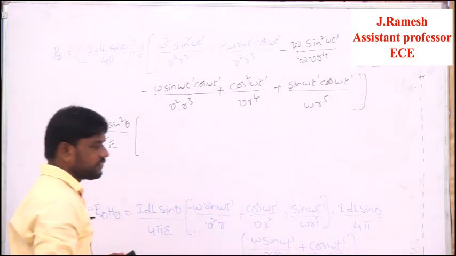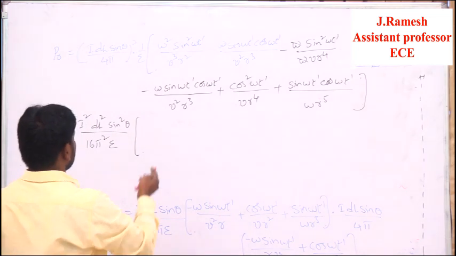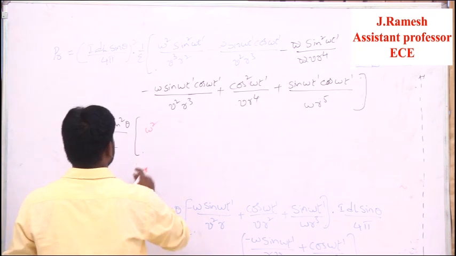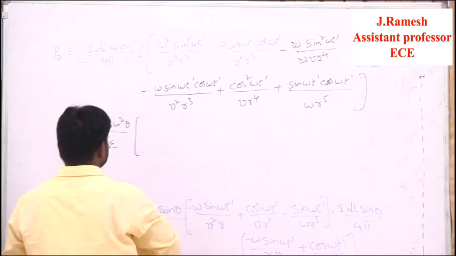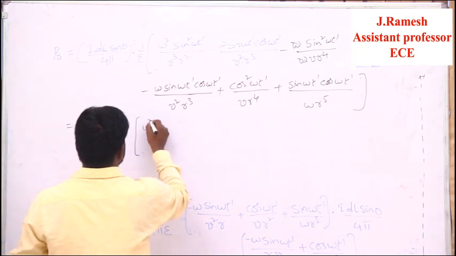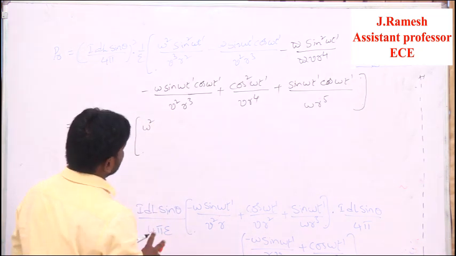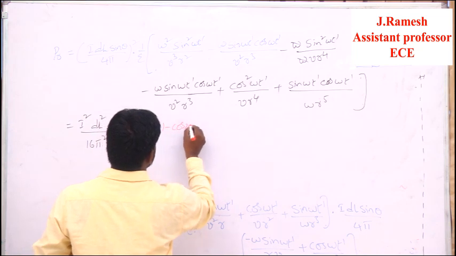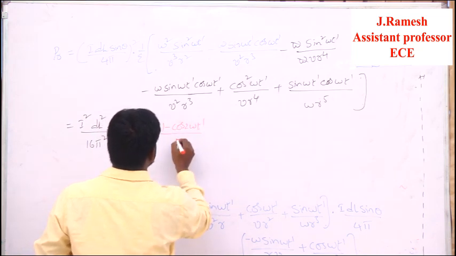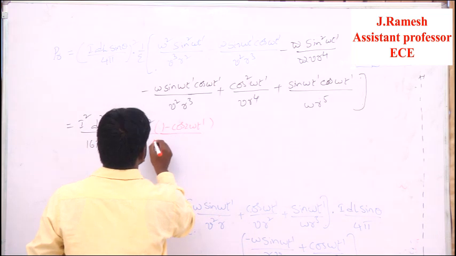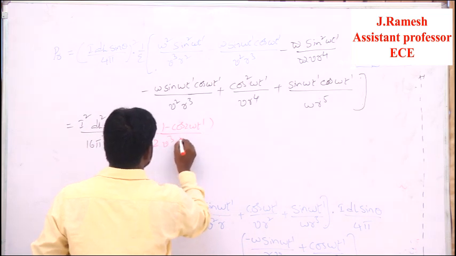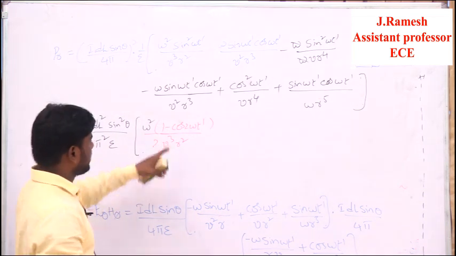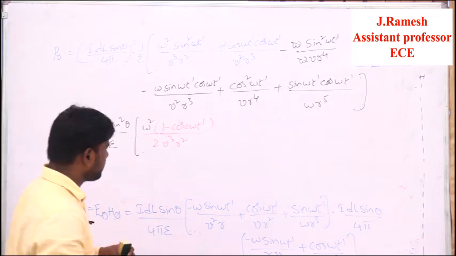Now if you simplify all these terms, we get omega square into sine square theta. I am writing sine square omega t as 1 minus cos 2 omega t dash by 2. The 2 term is multiplied with v cube into r square. I am just replacing sine square omega t with the formula 1 minus cos 2 omega t by 2.